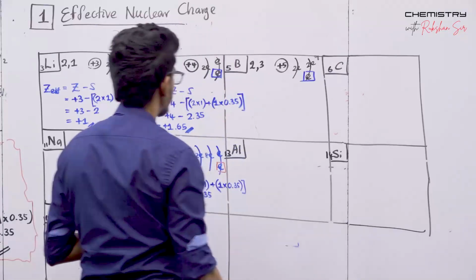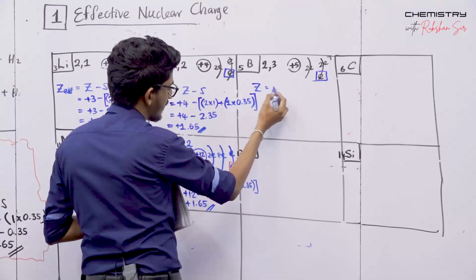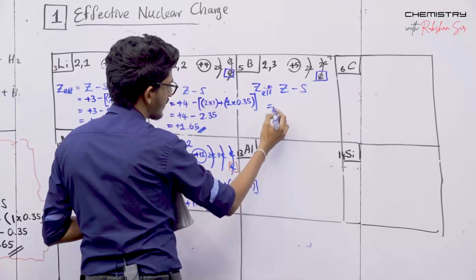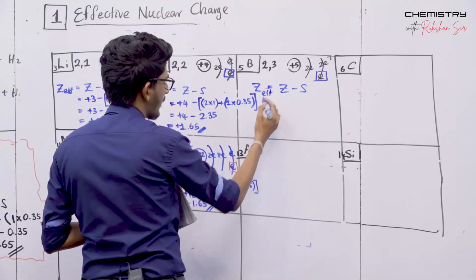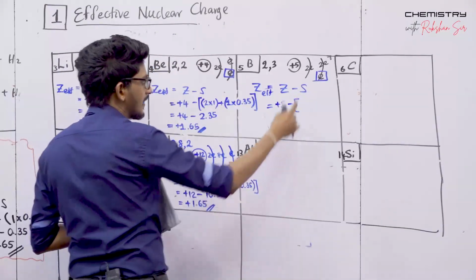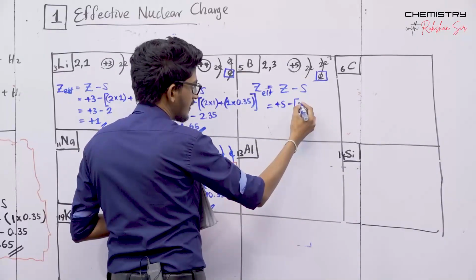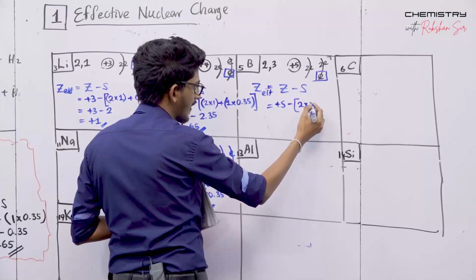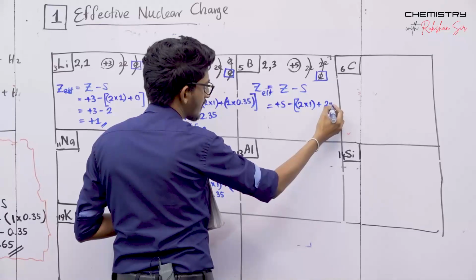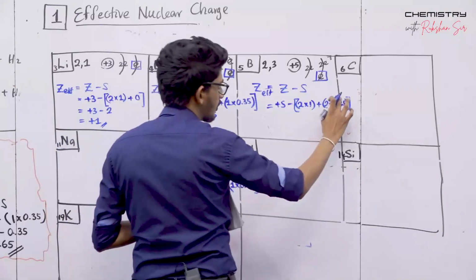So let's come up with the effective charge. Zeff is Z minus S. Z is plus 5 minus S: you have 2 inner electrons, and 2 same-shell electrons, 2 into 0.35.